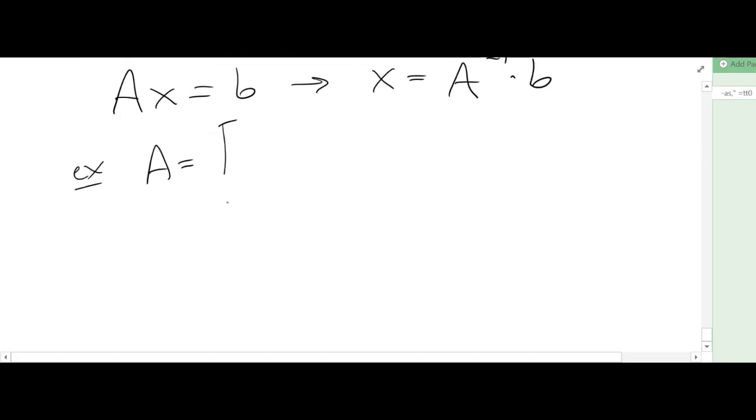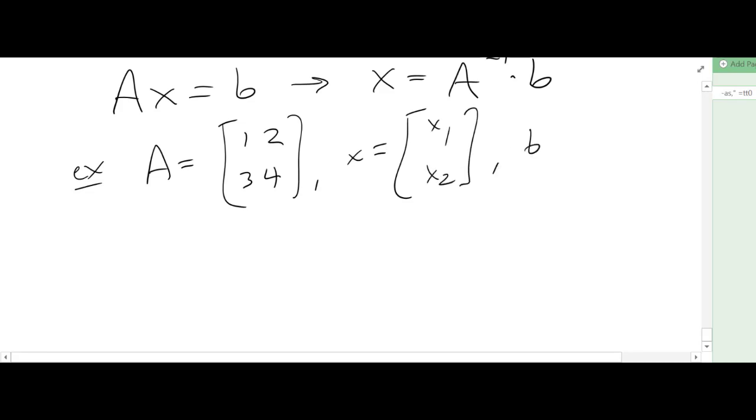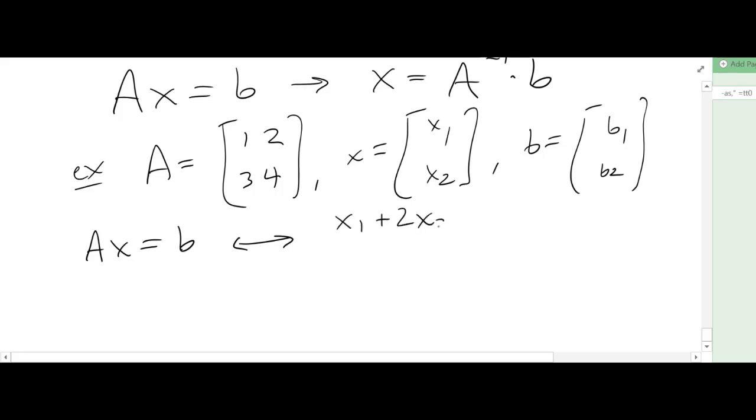For example, if A is 1, 2, 3, 4 like before, and x and b are arbitrary vectors, we can try to compute A inverse by solving the system Ax equals b by hand. The equation Ax equals b is the same as x1 plus 2x2 equals b1, and 3x1 plus 4x2 equals b2, using these coefficients in the matrix.